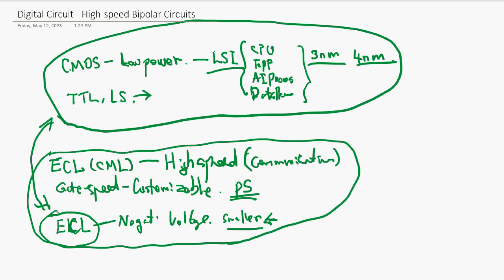But those are low power Schottky. If it's an MSI medium size IC chip, it actually uses only TTL for interface, input and output, and internally it's ECL.